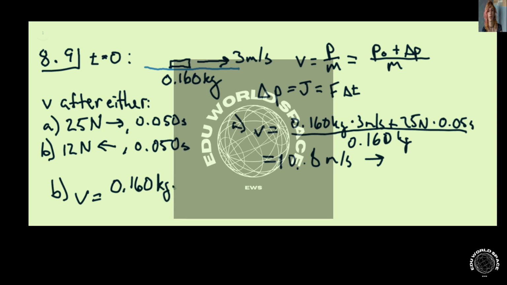And it would be very exciting to find out whether this ends up being negative, if the speed ends up being negative, or if it's still positive. This is 12 newtons.